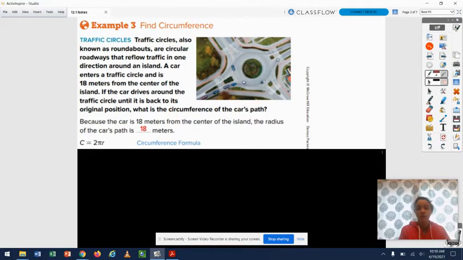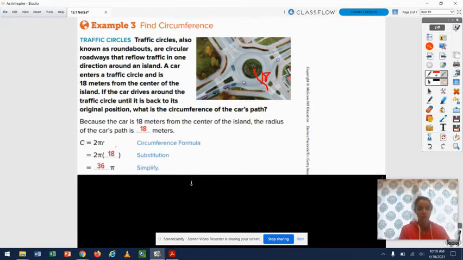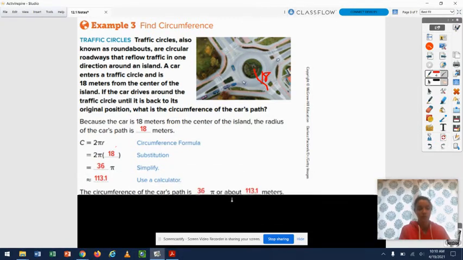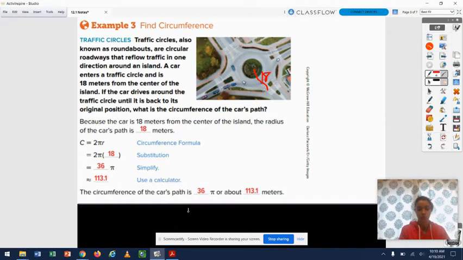So here's my center of my circle, and to the edge would be 18. All I'd have to do is plug in 18 for my radius. So I'm doing 2 times pi times 18, which if they want it in terms of pi, we'd write 36 pi, or we would change it to a decimal answer, which is 113.1.